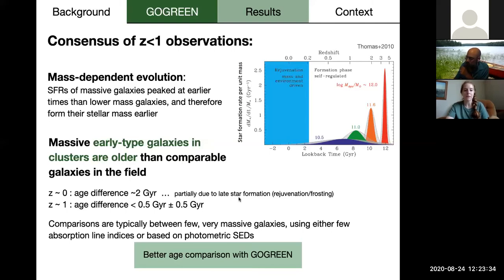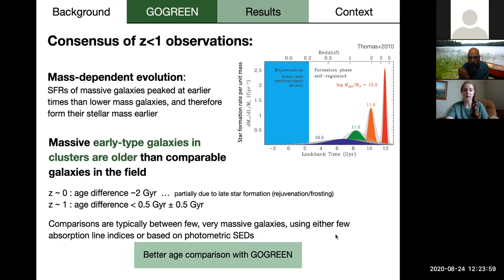But at higher redshifts around 1, the age difference is closer to half a gigayear, but with relatively high uncertainties of half a gigayear. And then these comparisons themselves are typically between very few galaxies, very massive galaxies, and relying on those Lick indices, or just based on star formation histories with only photometry, which are less constraining than including the spectroscopy as well.